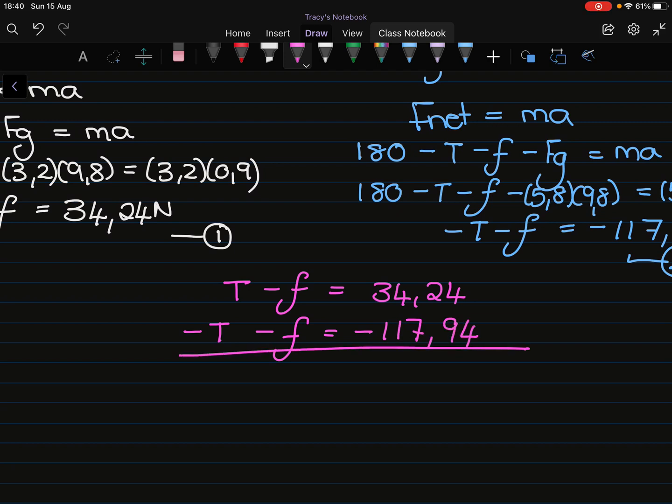Okay, I've got a positive T and a minus T, brilliant. So I end up with minus 2F, and I end up with minus 83,7. I'm not too fussed about the minus, because it's now going to be divided by minus 2 on both sides. Friction is 41,85 newtons. Nice and straightforward.